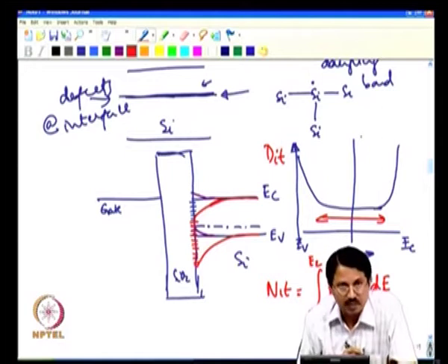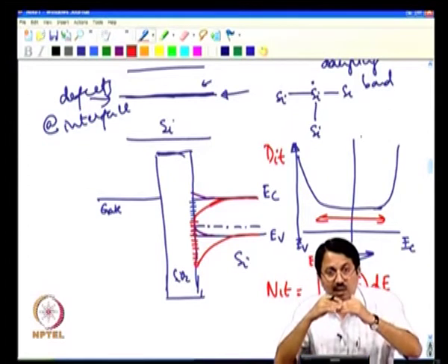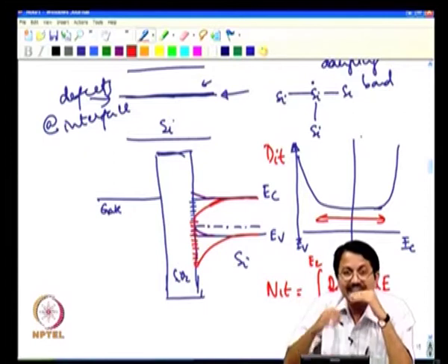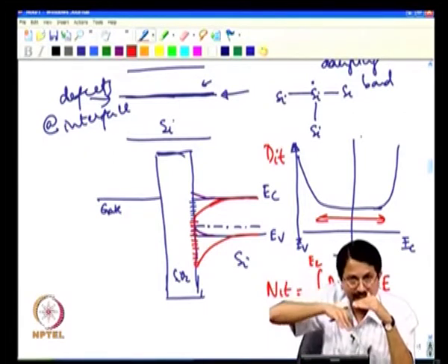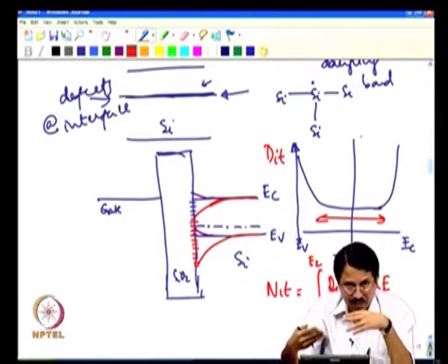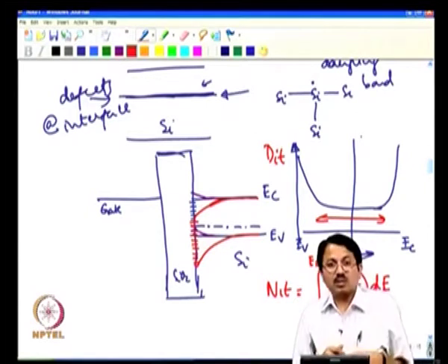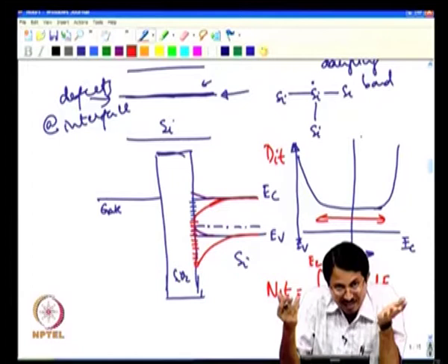So now the traps that we are looking at, these are the interface traps. What happens when I sweep the gate voltage from accumulation to inversion? The location of the Fermi level with respect to band edges is changing at the surface, or the bands are bending with respect to the Fermi level, one and the same. So in accumulation most of the traps were empty and in inversion most of the traps are filled.